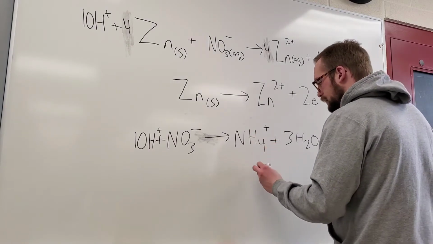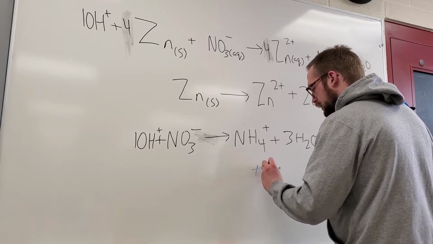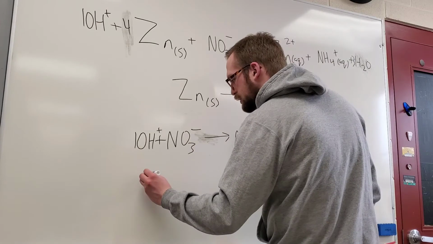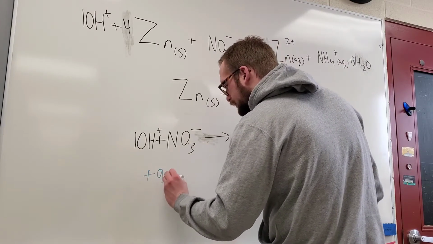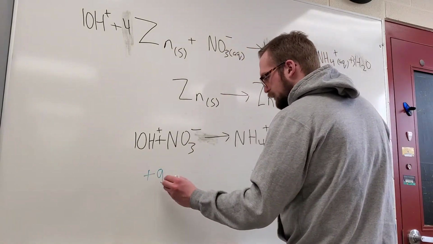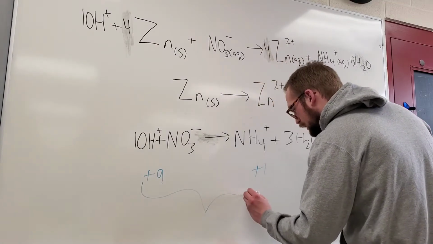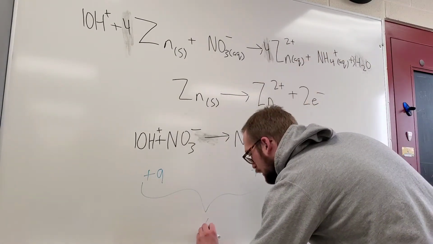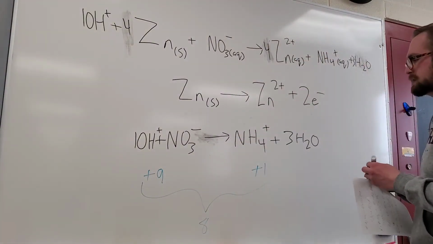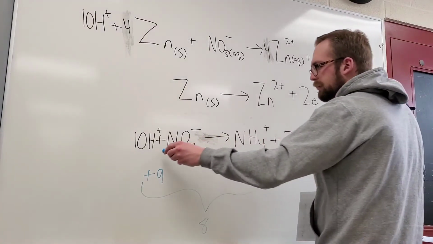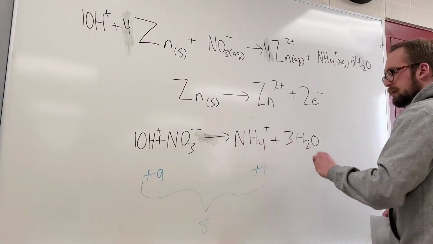On this side, my charge of the reaction is +1. And on this side, the charge of the reaction is +9. The difference between these two is 8. So the question is, do I need electrons on the left side or the right side?